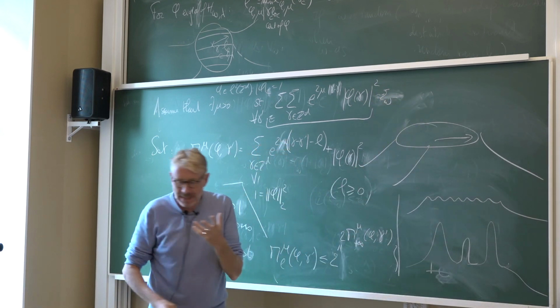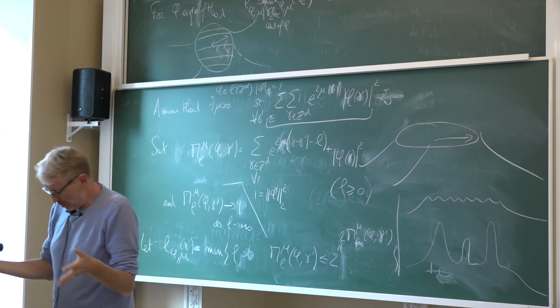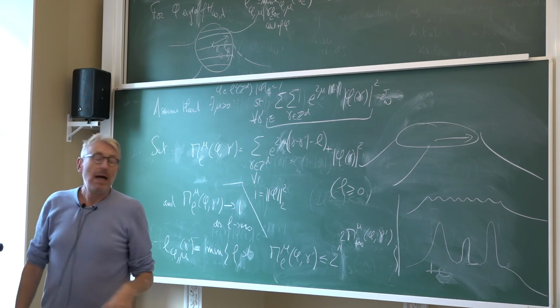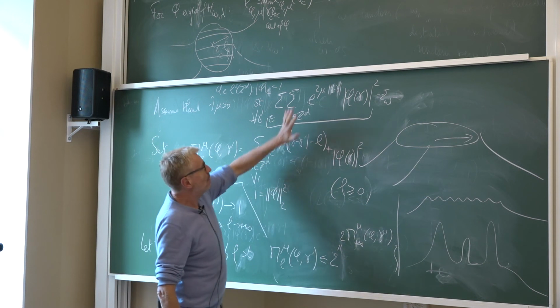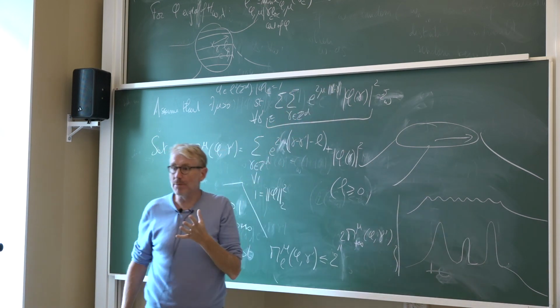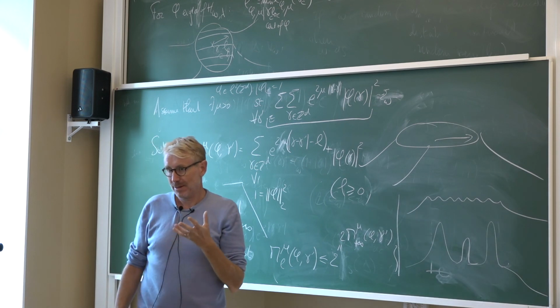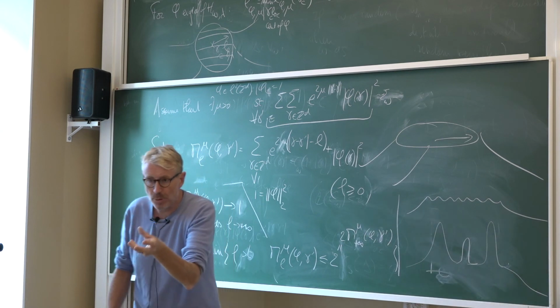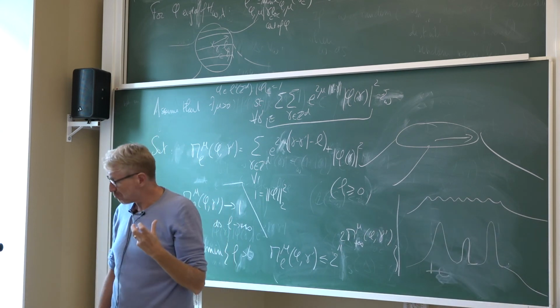But what happens is that if you take, numerically, a finite sample, this is going to be an extremely large number. It's not going to be the Lyapunov exponent that drives this. Why?